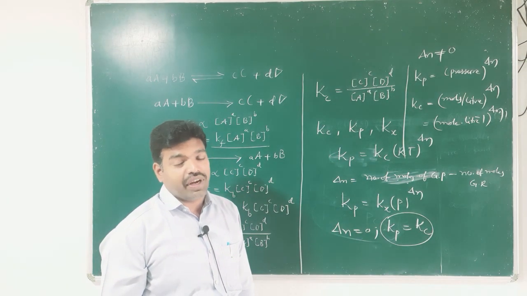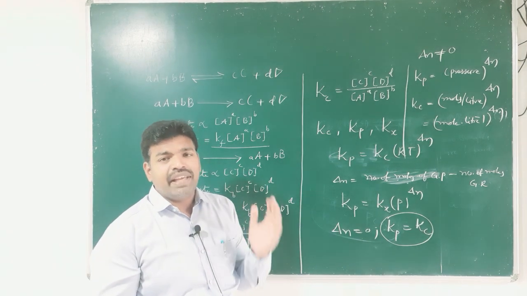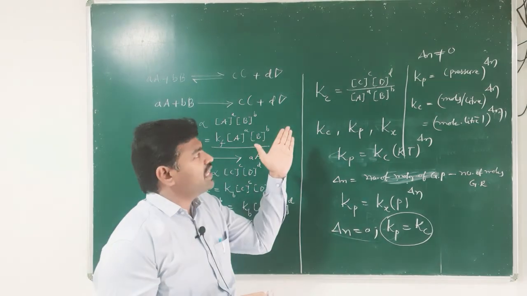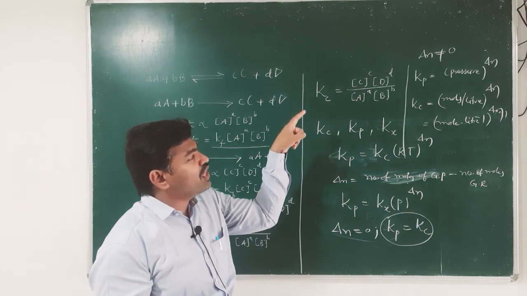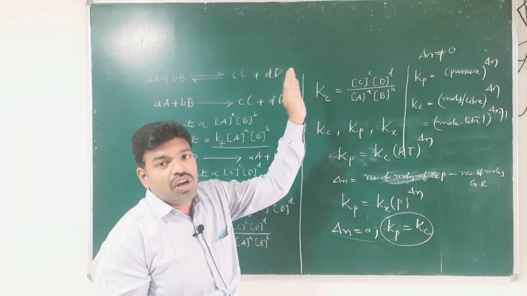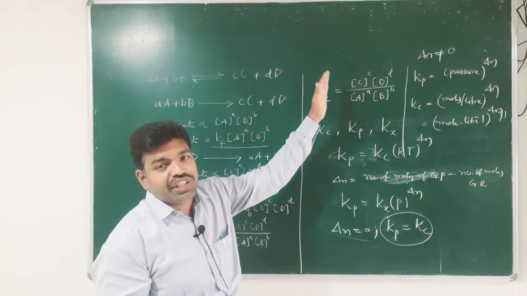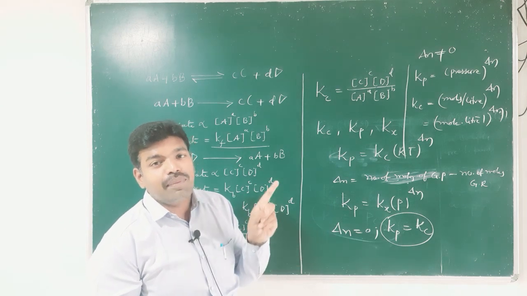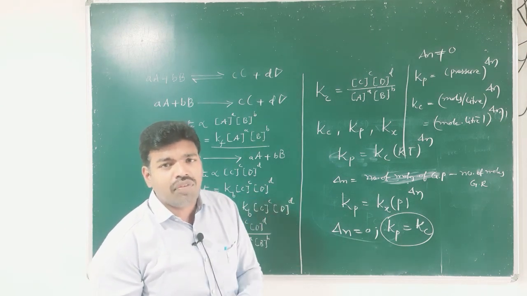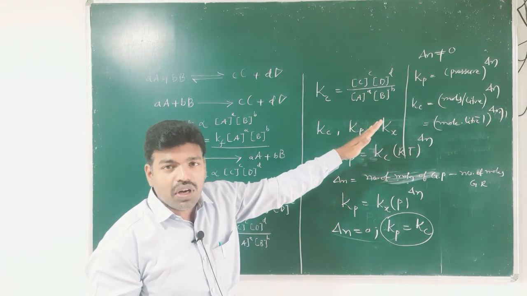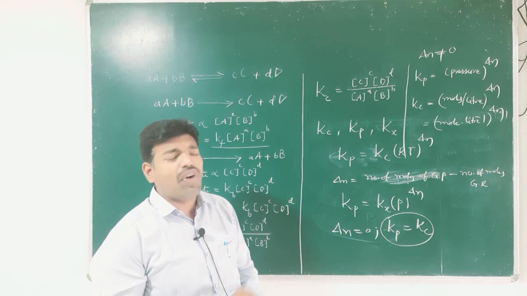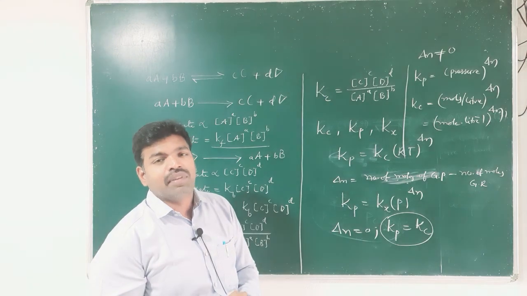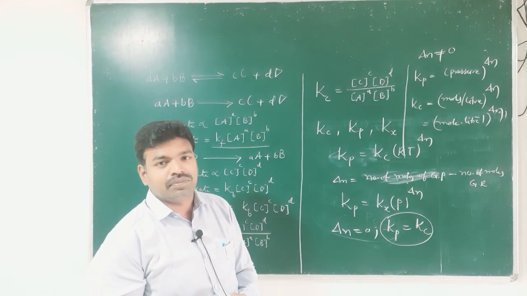So what do we know from the equilibrium constant? We came to know that the equilibrium constant is a ratio of the concentration of products to the concentration of reactants. So what does the equilibrium constant tell us? Let us see.